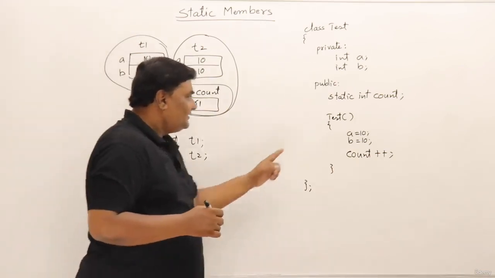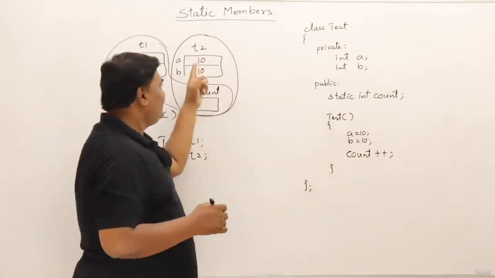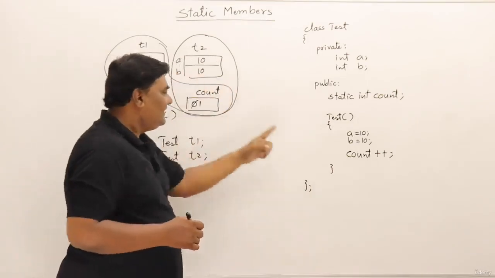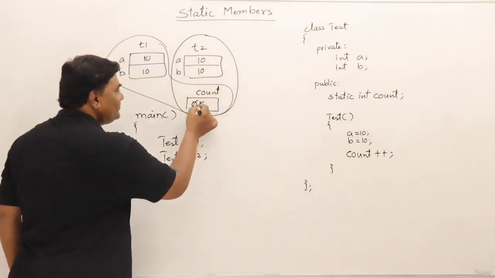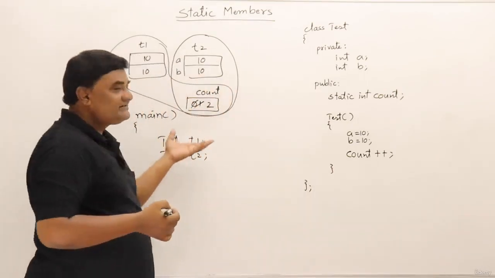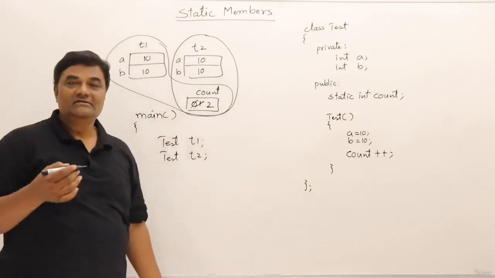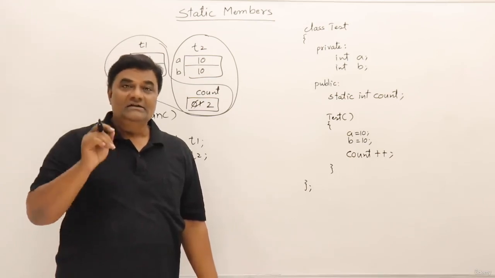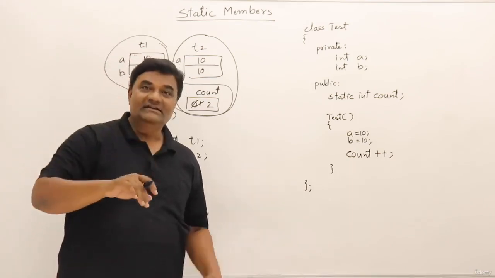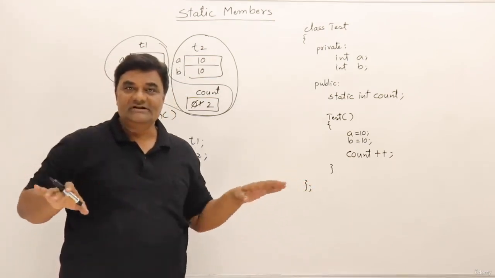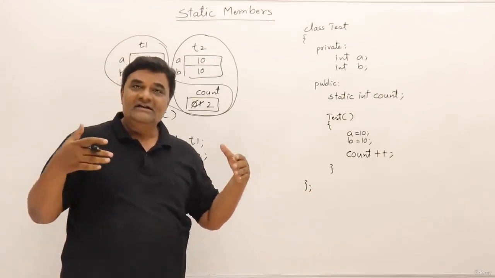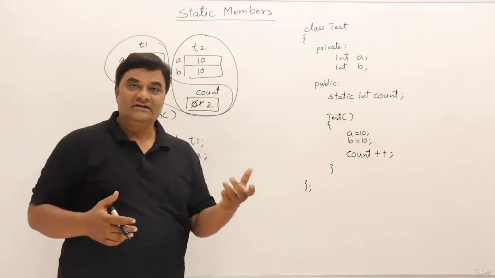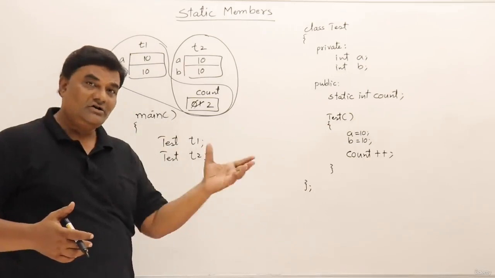Then Test T2: again the constructor is called, A is assigned 10, B is assigned 10 and count++. Count becomes 2. So both are accessing the same member. Such data members are static data members of a class. They belong to the class and are common for all the objects. These are shareable members of a class, shared by all the objects of the class.